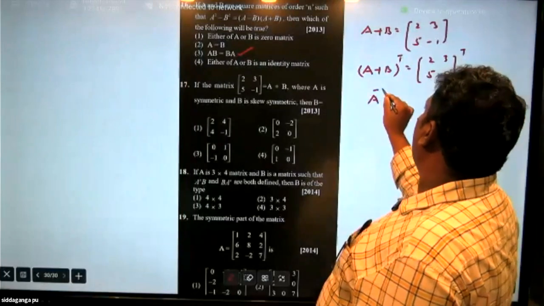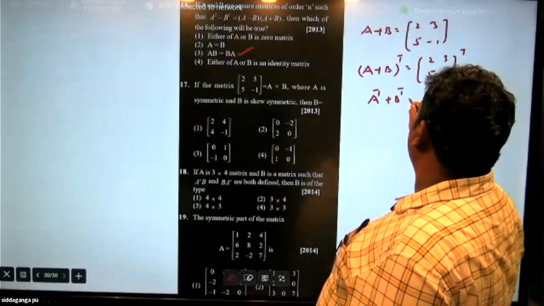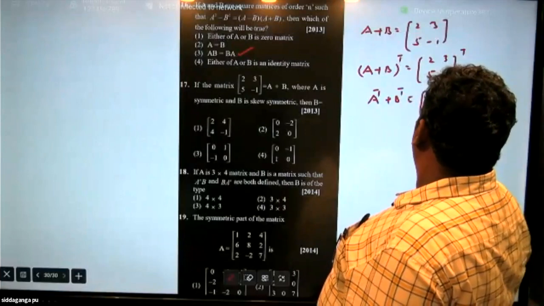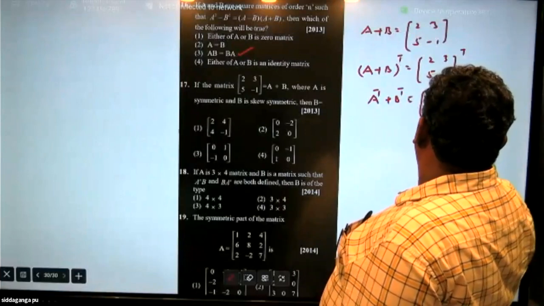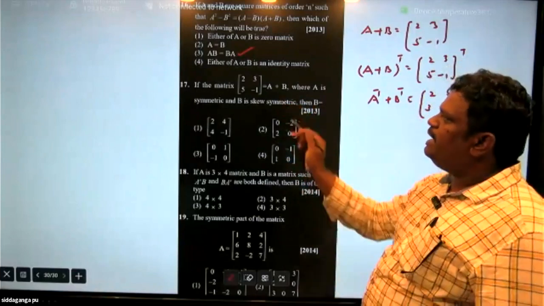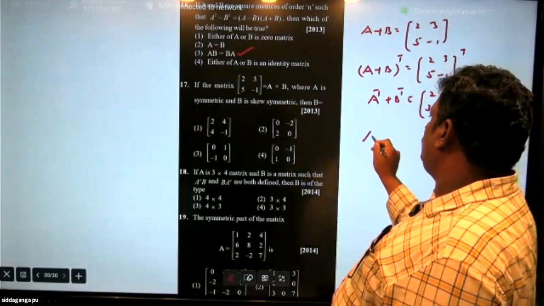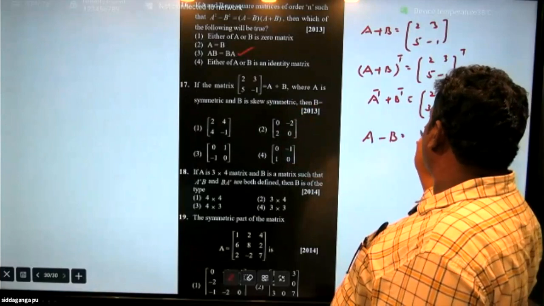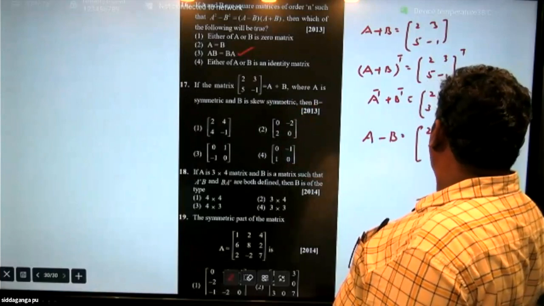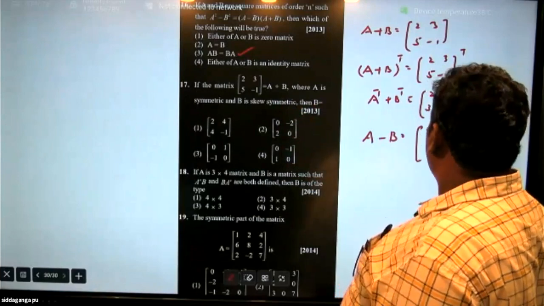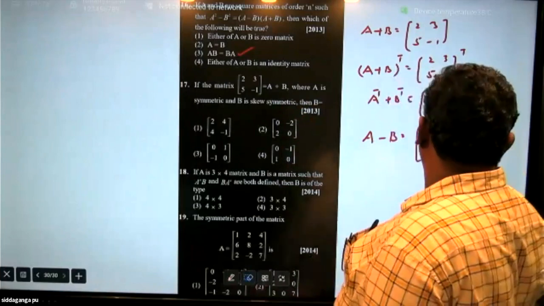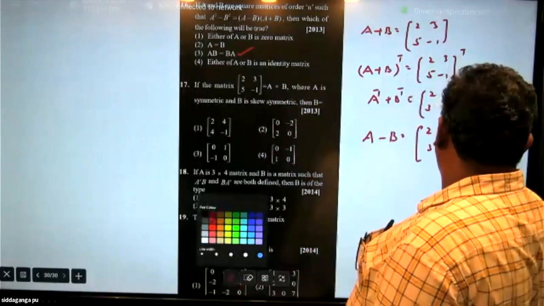I can write this as a transpose plus b transpose is equal to 2 3 5 minus 1. Now what is given: a is a symmetric matrix, so a transpose is equal to a, b is skew symmetric, so b transpose is minus b. This gives 2 5 3 minus 1, so 2 5 3 minus 1 is written here.